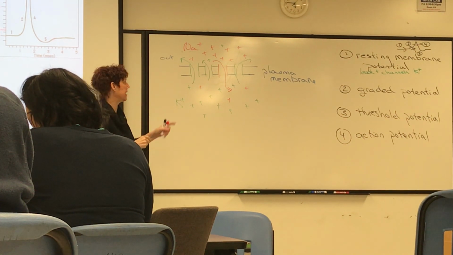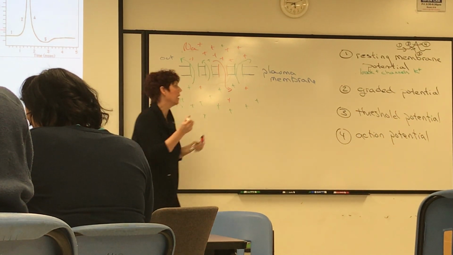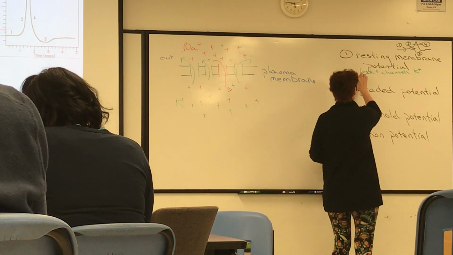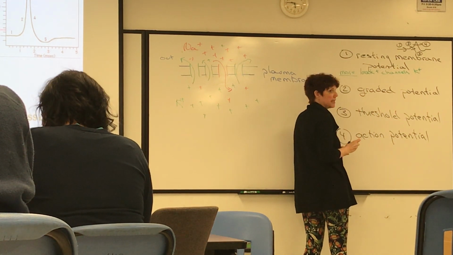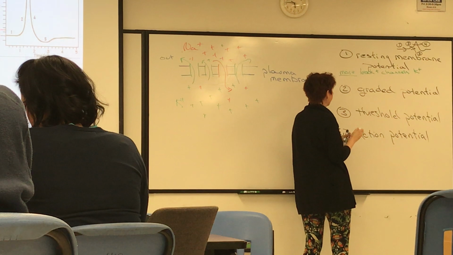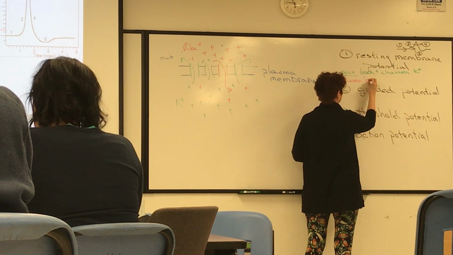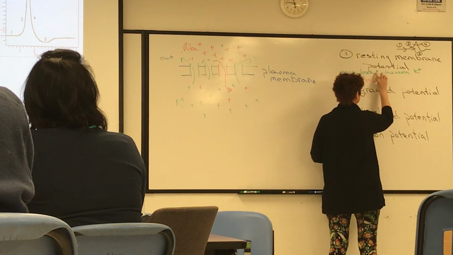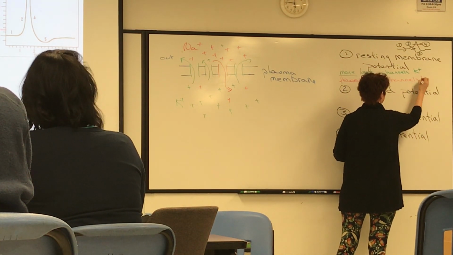And that permeability is due to an increased number of leak channels. All right? So to add to this, we have more leak channels for potassium, and we have fewer leak channels for sodium.